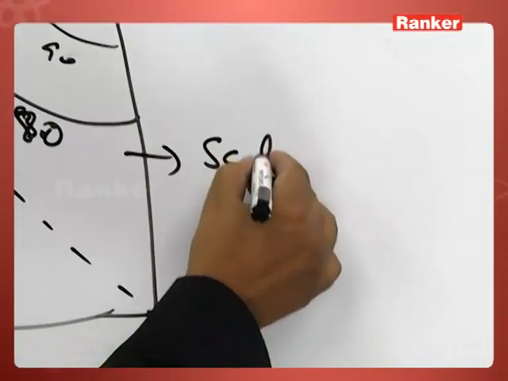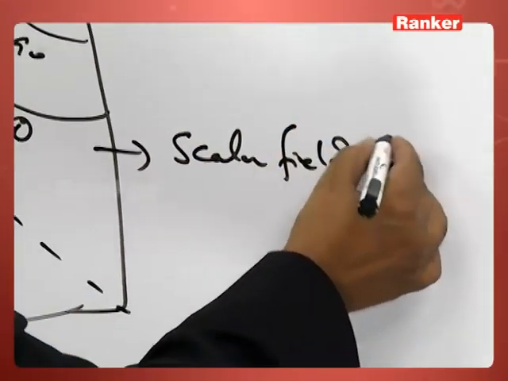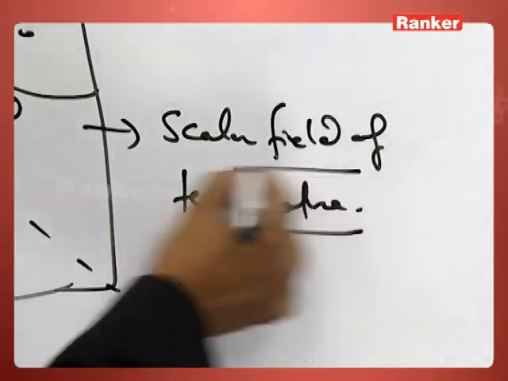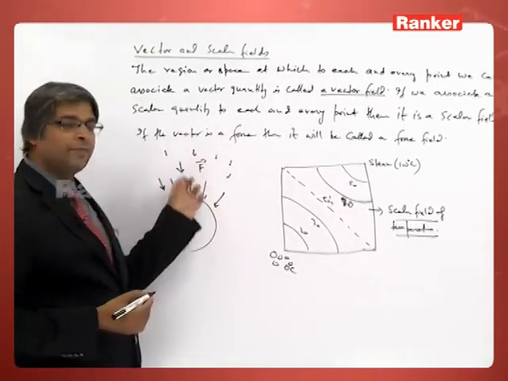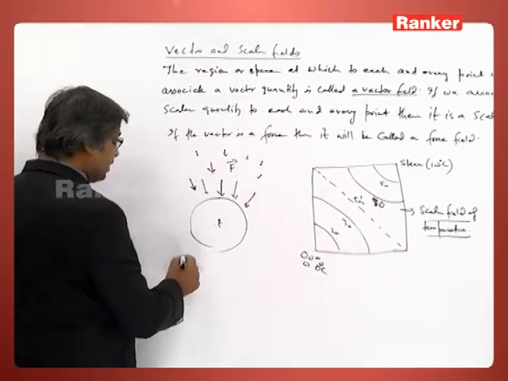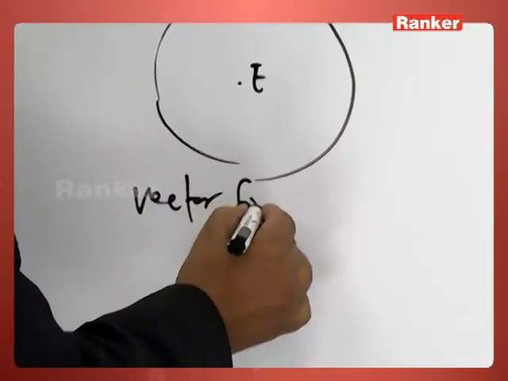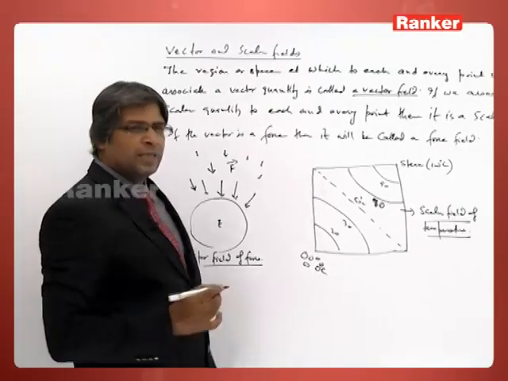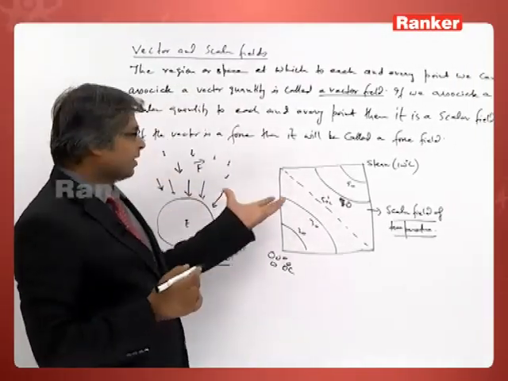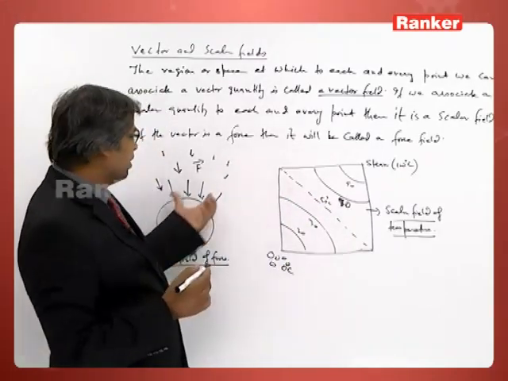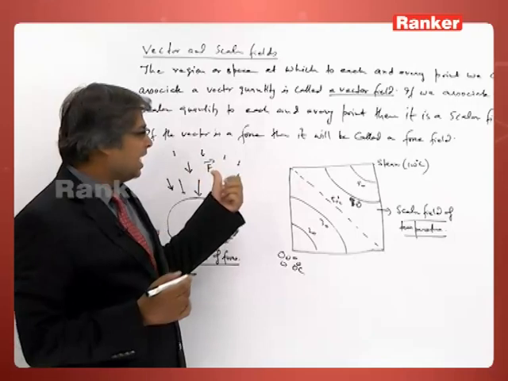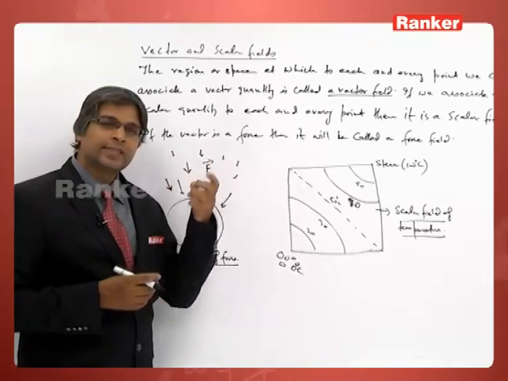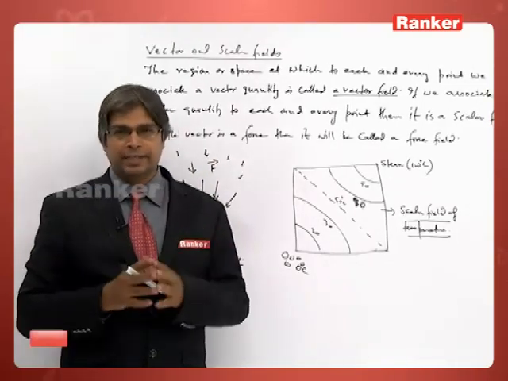So this is a scalar field of temperature. This is a vector field of force. Now you can see what I mean by a field. It is the region or space to which I can associate a quantity at each point. So this is the general idea of a field.